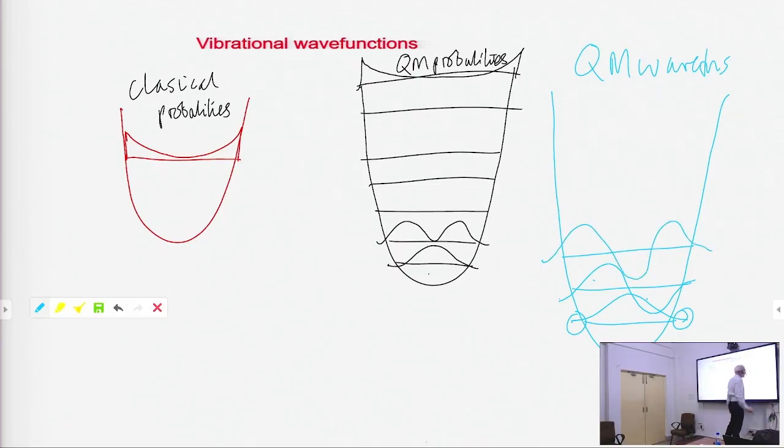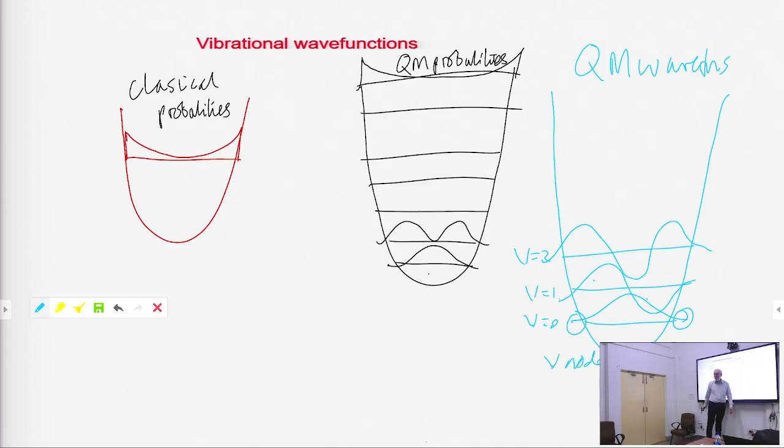The second excited state looks something like that, and these are not meant to be asymmetric. I'm just not very good at drawing. So it has 2 nodes. So the number of nodes, if you remember, this was v equals 0, v equals 1, v equals 2. So the wave function has v nodes in it.